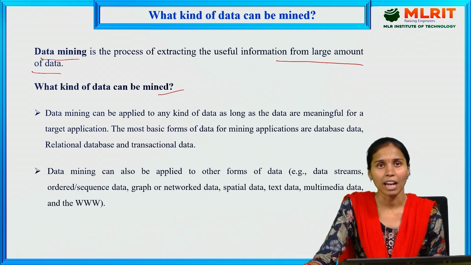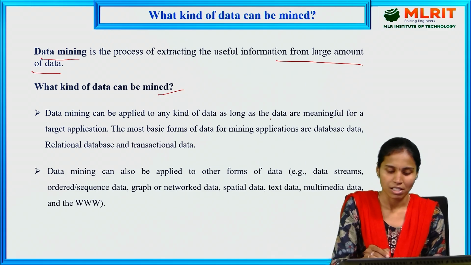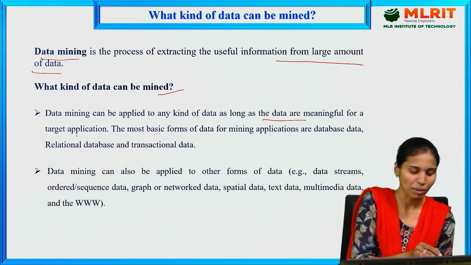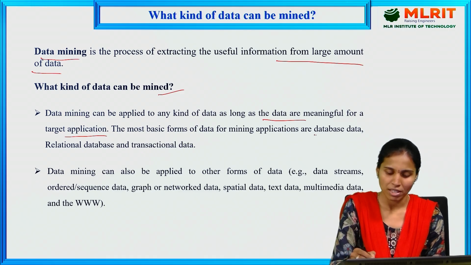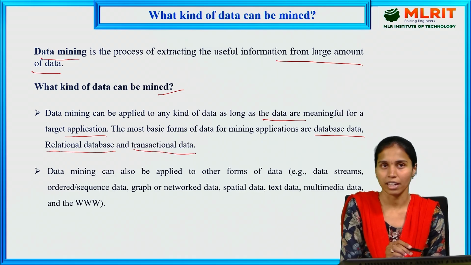Data mining can be applied to any kind of data, as long as the data are meaningful for a target application. The most basic forms of data for mining applications are database data, relational database and transactional database.